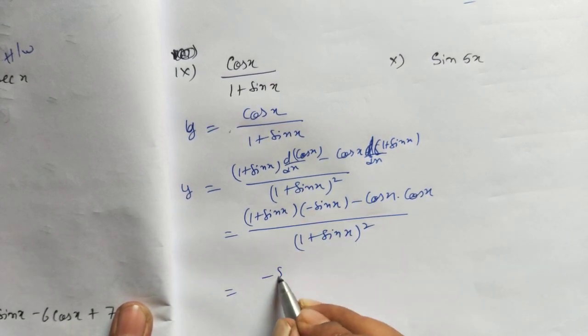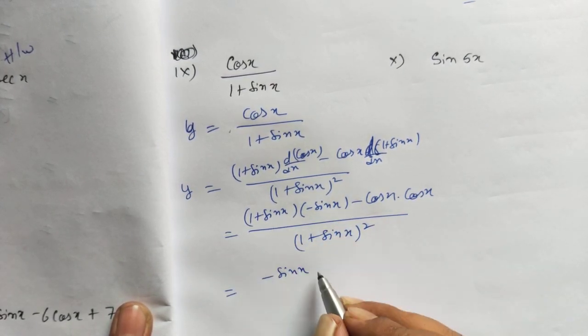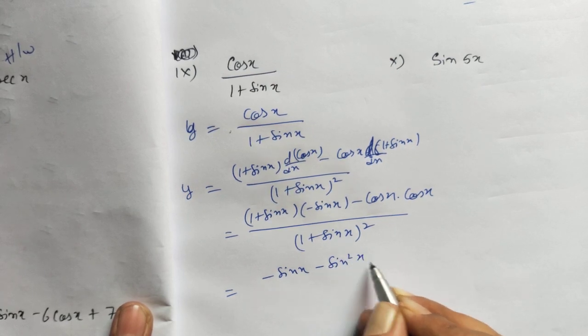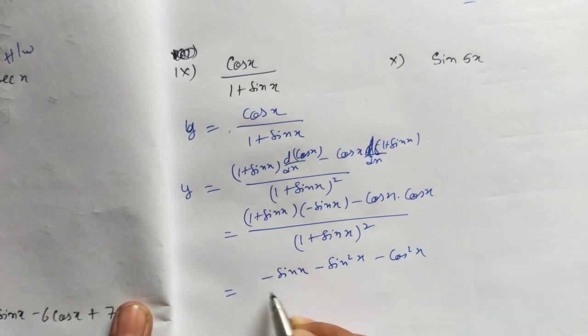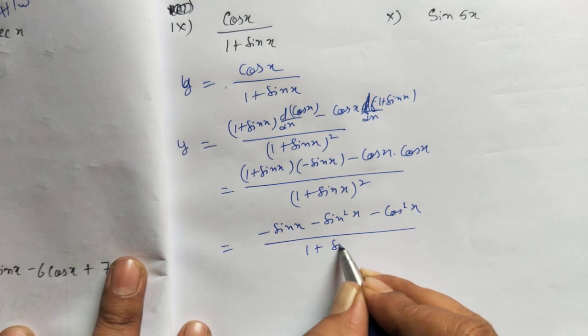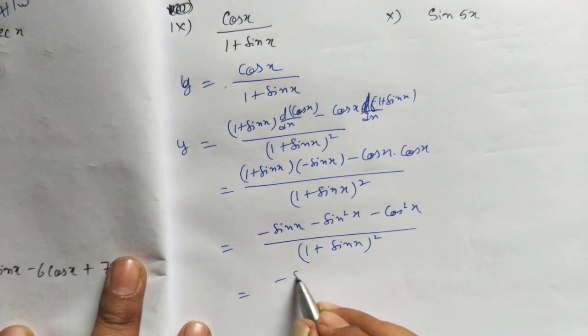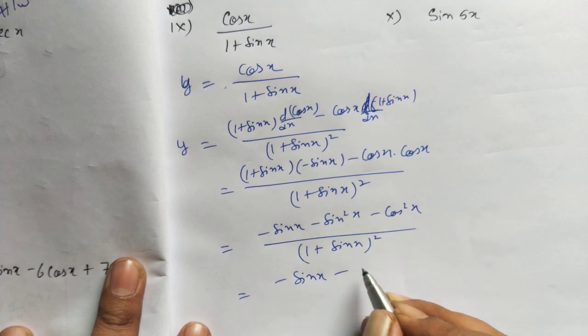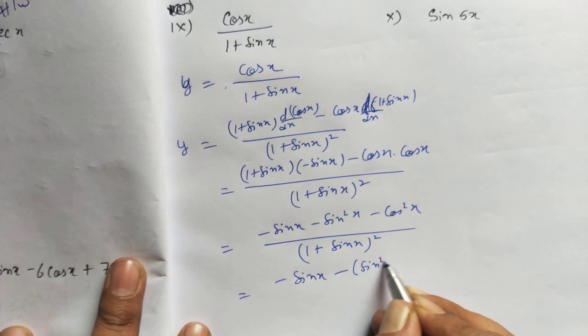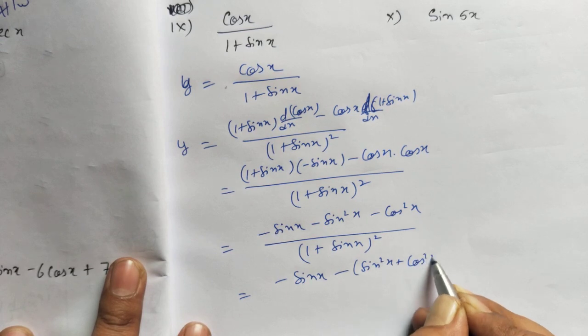Now multiply, minus sin x, minus sin square x minus cos square x by. Here minus common, sin square x plus cos square x.